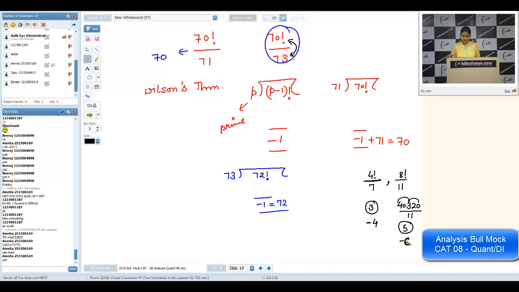So how can we relate this? If we have 73 here and we want to calculate the remainder for 70 factorial, we cannot generalize this actually. So I'm coming to the normal calculation.